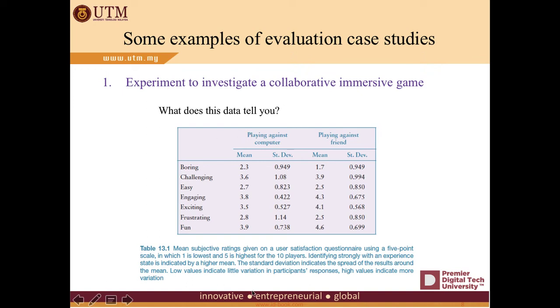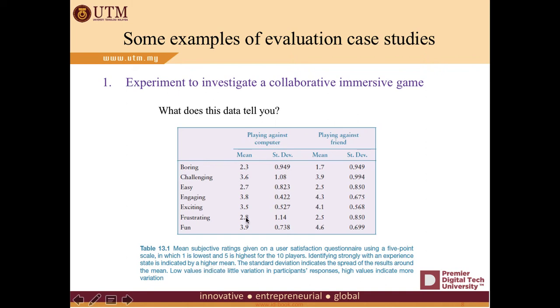All right. If you're looking into this table caption, it shows the mean subjective rating given on a user satisfaction questionnaire. It means that all of this data was gathered from a user satisfaction questionnaire using a 5-point Likert scale, in which 1 is the lowest, 5 is the highest, for the 10 players. Identifying strongly with an experience state is indicated by the higher means.